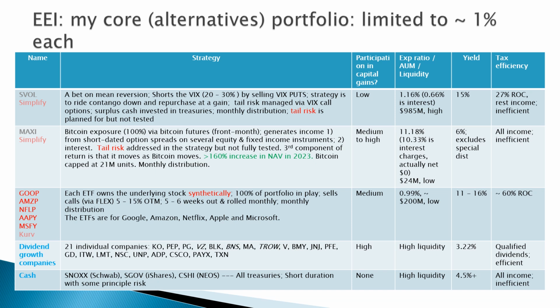And I felt very comfortable with Google, Amazon, Netflix, Apple, and Microsoft because I consider them very dominant, very high moats, tremendous throwing off of free cash, and tremendous capabilities in moving on to the next thing, whatever it is. And today, the flavor of the month is AI, and they all seem to be able to leverage it and so on. The participation in capital gains for all of these 5 I've rated as medium.